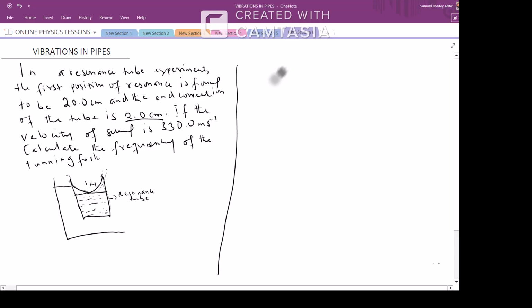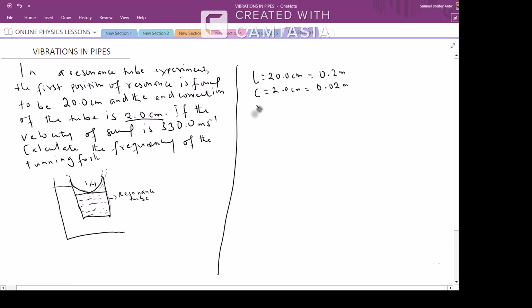These are the values given: the length of the resonance tube, 20 centimeters, which we change to 0.2 meters. Then we have end correction, C, as 2.0 centimeters, which we convert to 0.02 meters.